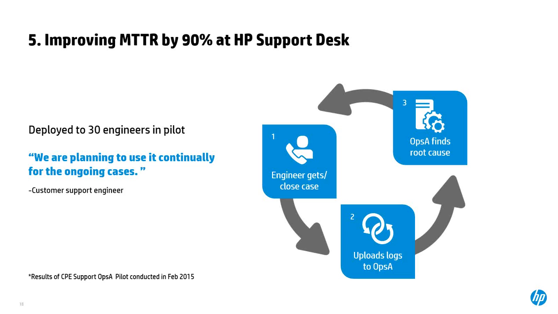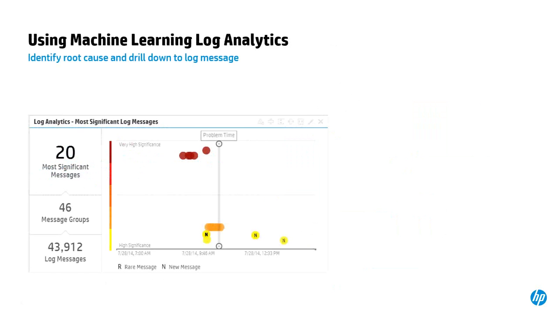Then he or she would upload the logs associated with this case that the customer sent them, and they upload it into operations analytics to find a root cause. As a result of this pilot, they were able to reduce their mean time to repair by over 90%. And so they were really excited about that.